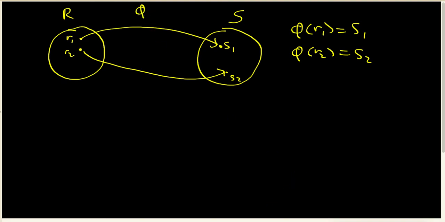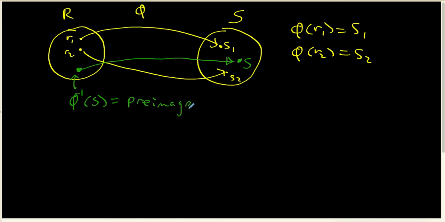But the onto part is also going to give us some stuff. If we have a particular element over here in S, the fact that phi is onto means that there is somebody over here in R that had to be sent to that guy. And moreover, there is only one somebody. And this particular element is often called phi inverse of s. Phi inverse of s is the pre-image of the element s, and I'm just going to call this guy r hat right now.